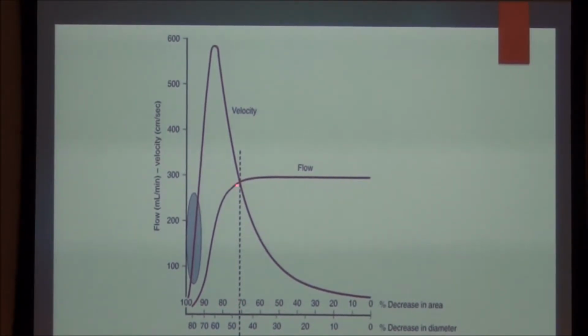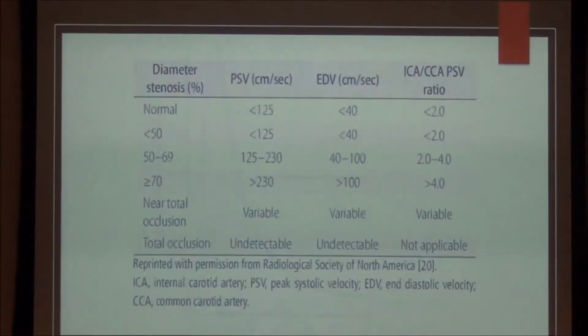That's where it's critical and the flow starts to drop. So any stenosis below 70% is not critical in terms of flow. Velocity may go up to compensate, but the flow does not change, and then flow drops significantly after that.